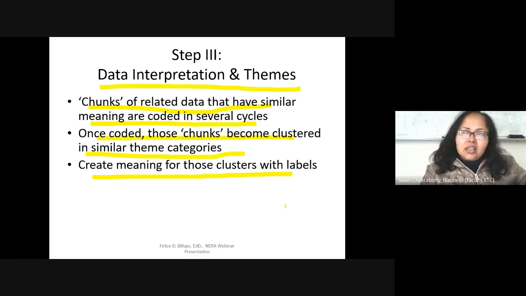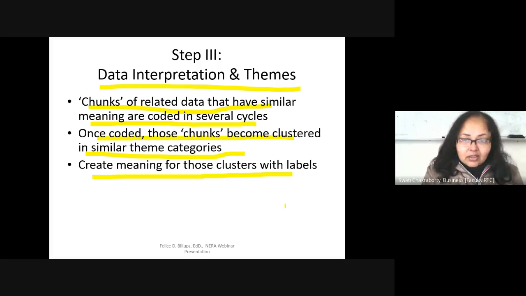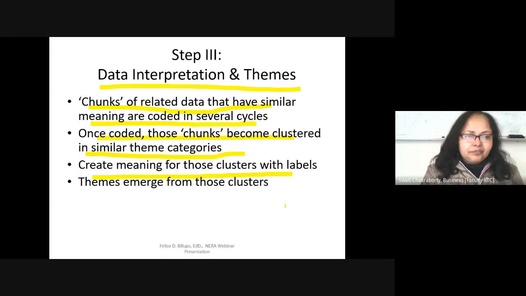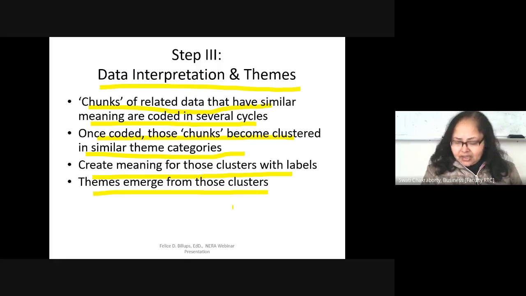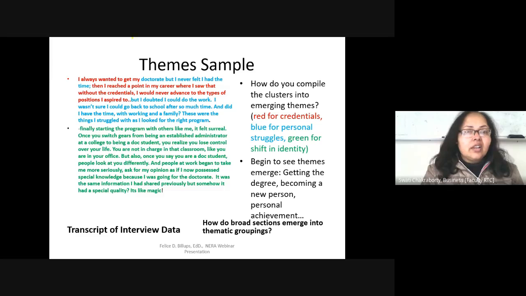You're clustering similar items in one cluster, and you give a meaning to it with a proper label, and there has to be a meaning to it. And from there, themes emerge from these clusters, and so we need to interpret these themes to answer the research questions.